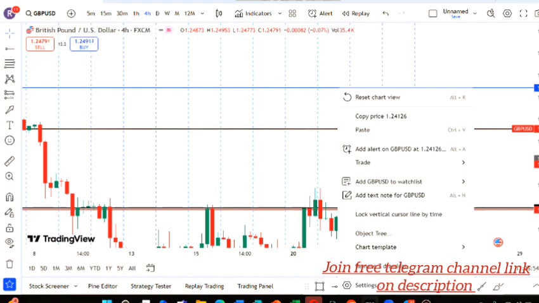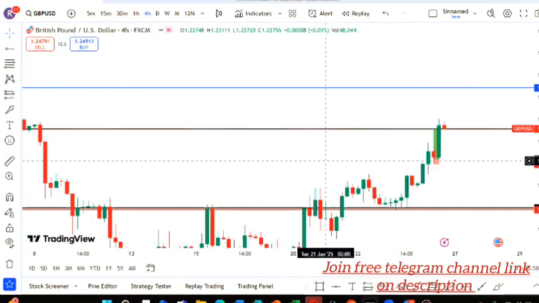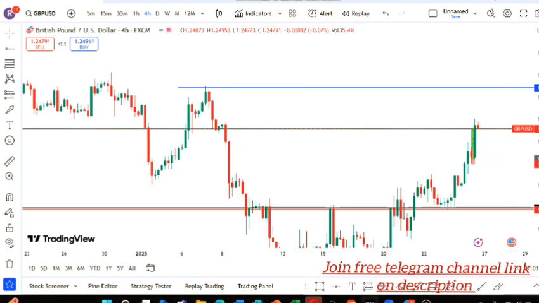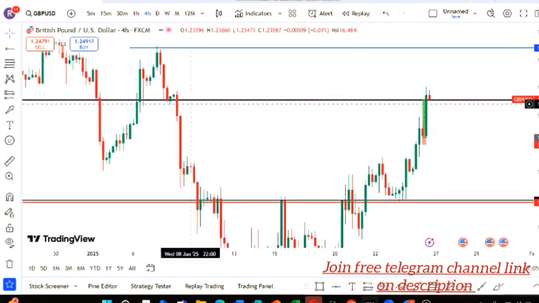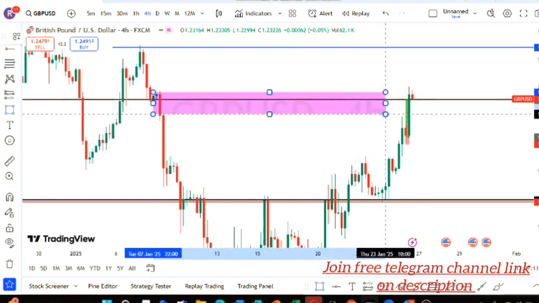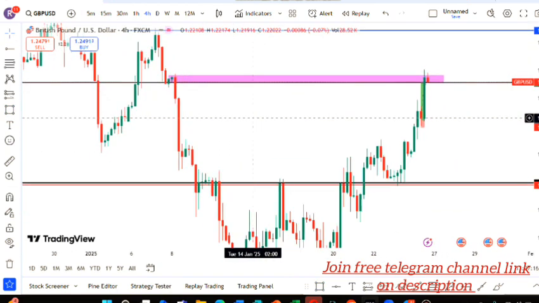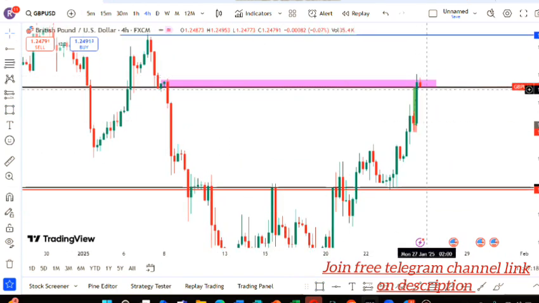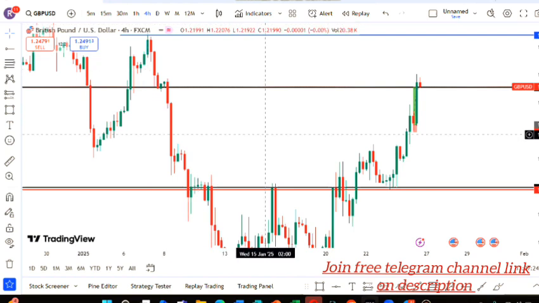Let me remove these session breaks. Now the market is clear. From here, you can see we are right now at this sort of demand zone. Market close is on a Saturday, so there's a high possibility that this market will start moving down, forming another lower low.